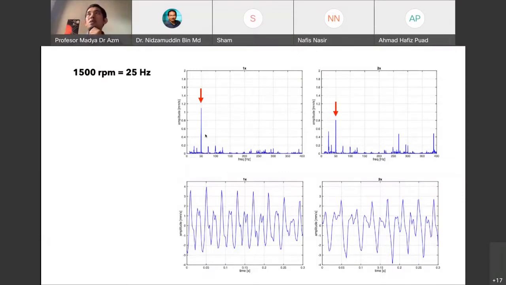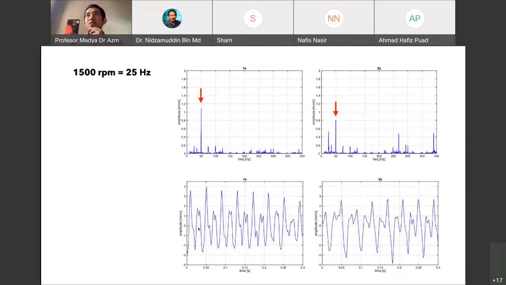Okay, so then we also performed frequency analysis to make sure whether this is really misalignment. At 1500 RPM, 25 hertz, we should expect 25 hertz here, but this one is not 25 hertz but 50, 2 times 25 hertz. In vibration analysis, 2 times the running frequency means something is dealing with misalignment, with the coupling.